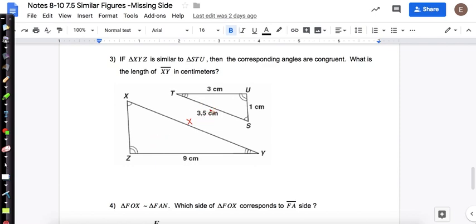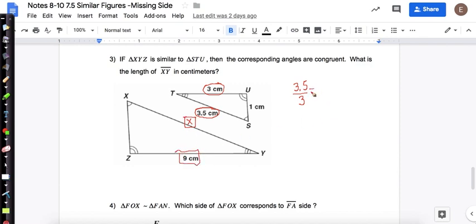So I'm going to set this up a different way. This time I'm not going to do corresponding sides, so I'm going to do diagonal over bottom. So I'm going to do 3.5 over 3, and I'm going to do diagonal over bottom.